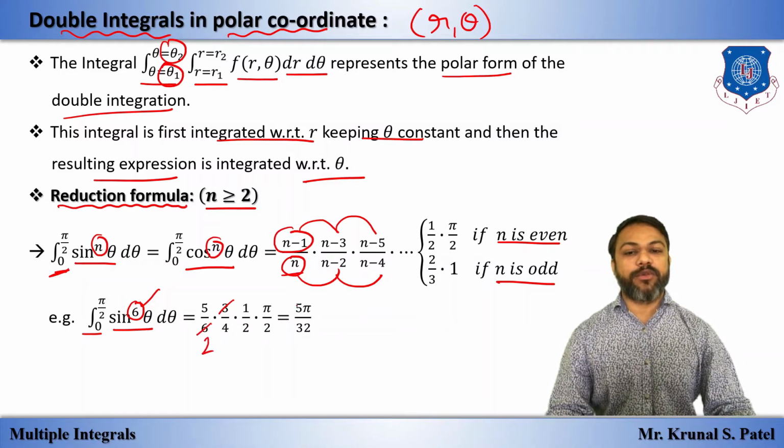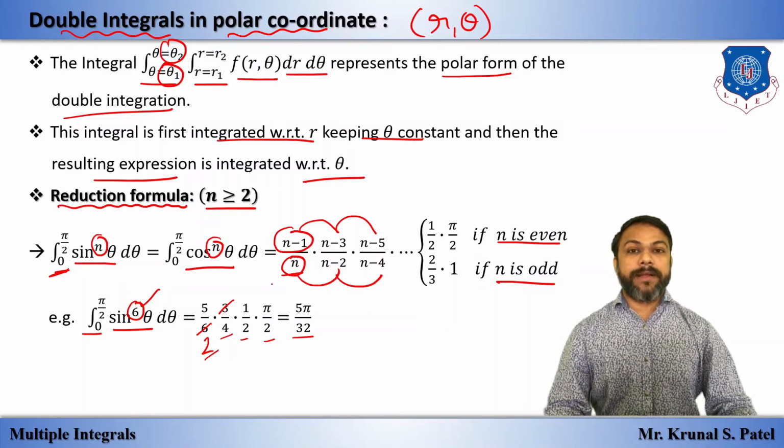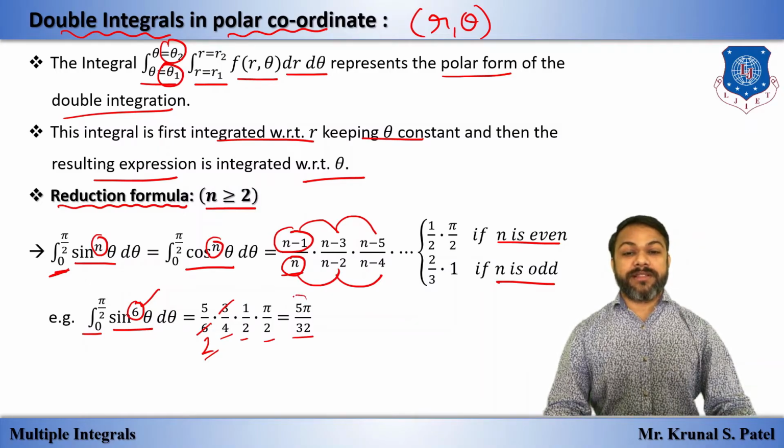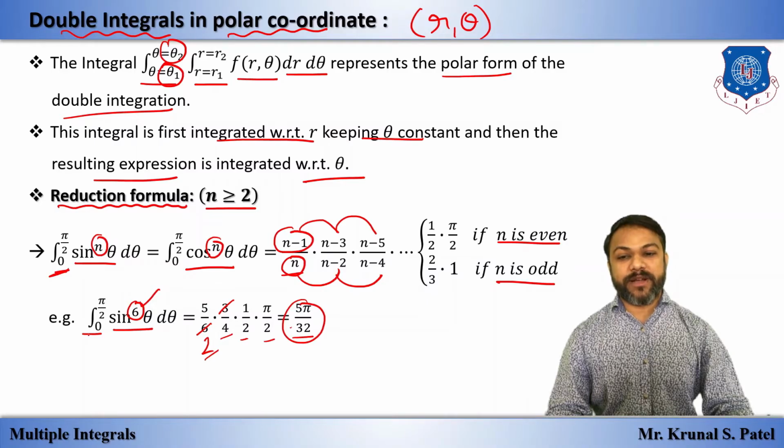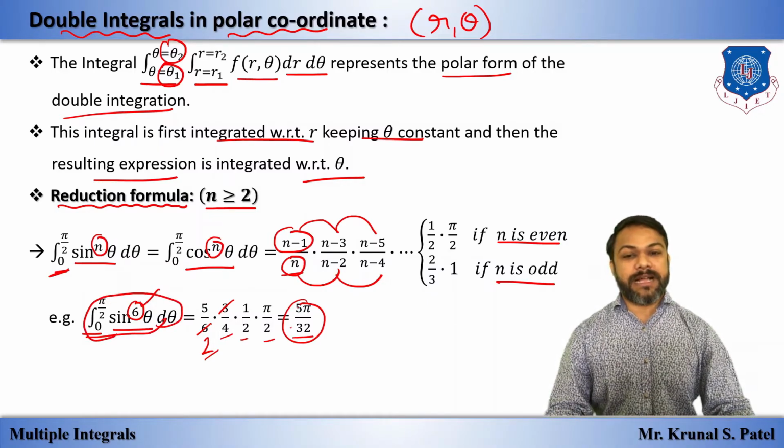The final answer is 5 pi by 2 into 4 into 2 into 2, which is 32. Simple. This is the final answer and there is no need to integrate further. The integration of this entire expression gives the final answer 5 pi by 32.